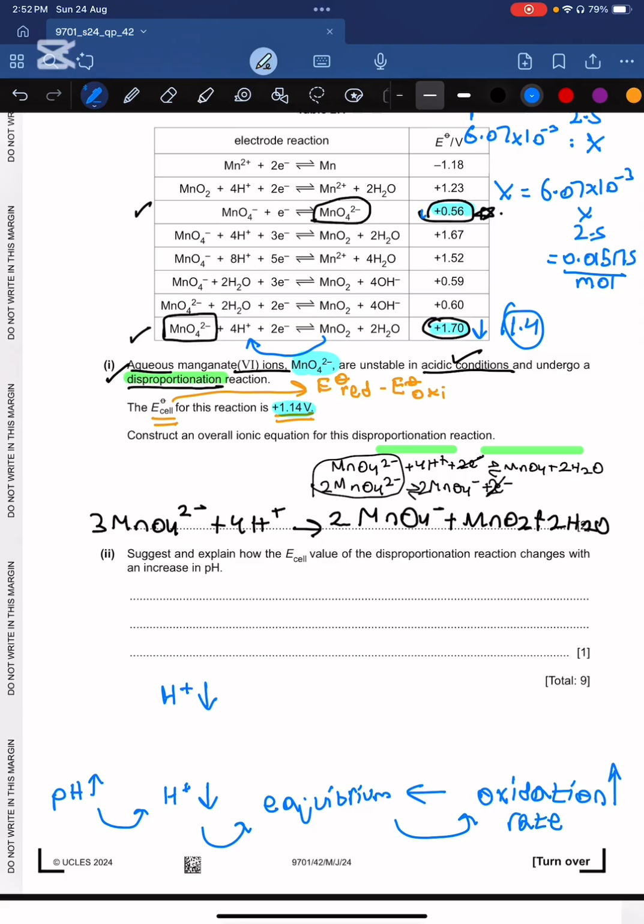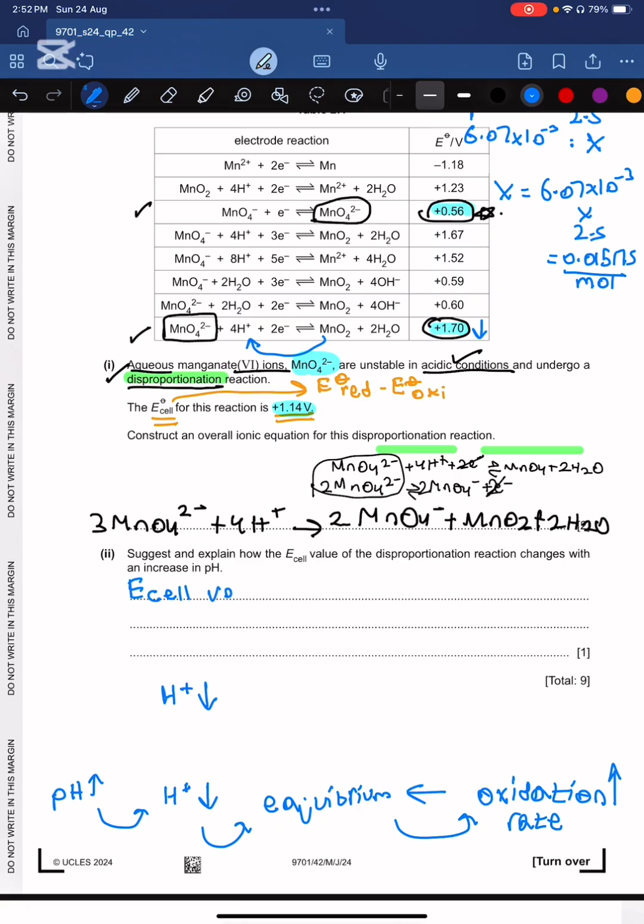Now, when I subtract both of these values, nothing happens to this because there were no hydrogen ions here. When I do 1.4 minus 0.56, what does the value become? It becomes smaller than plus 1.14, which means that the E naught of cell value decreases.